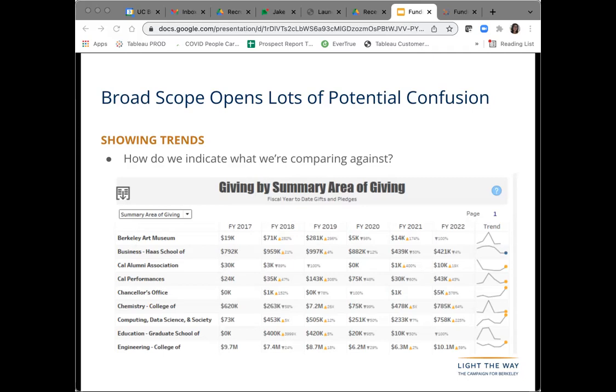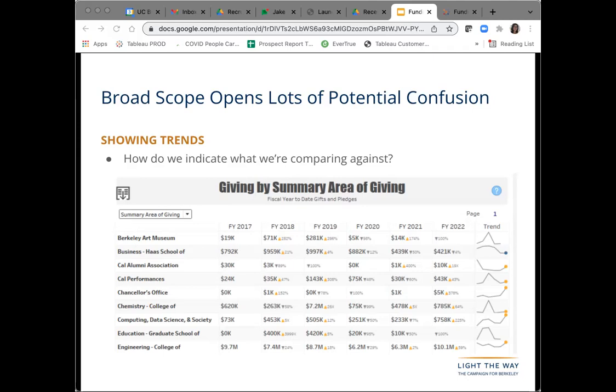That's where we want them to spend their mental energy, not on, "Wait a second, what does this mean?" If they're asking the "what does this mean" question, it means we haven't done our jobs as report writers really well. So simplifying that takes away a little bit of the information, but I think it's a great trade-off in terms of reducing the amount of thinking that folks have to do.